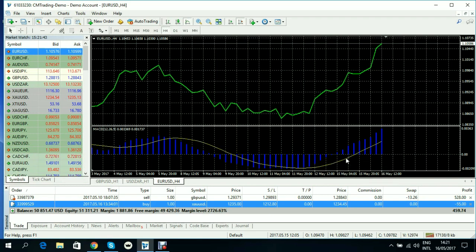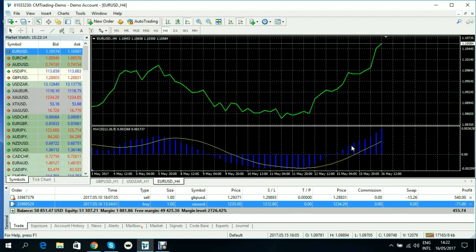So when you put the cursor on it, you will see that it shows MACD, time, and then signal. When you go here, it shows you MACD. All right, so it's important for us to identify this line and these bars.